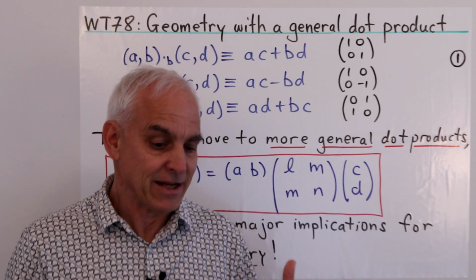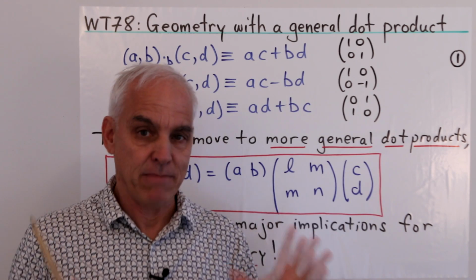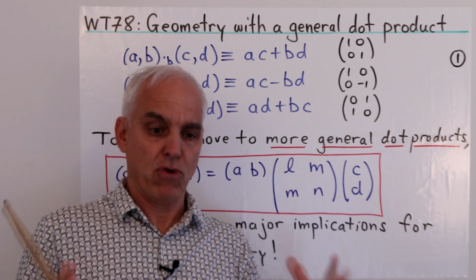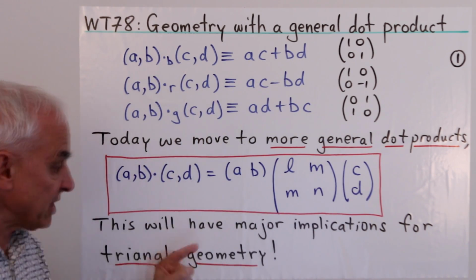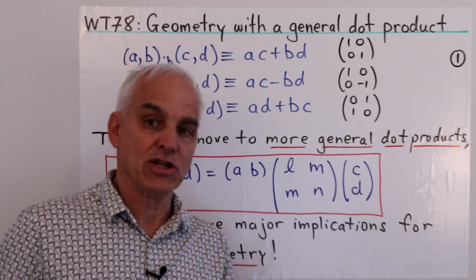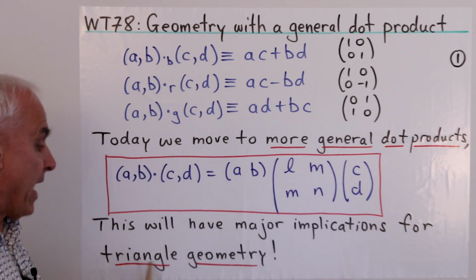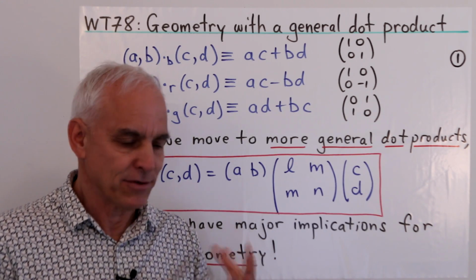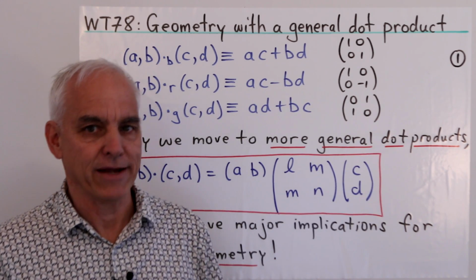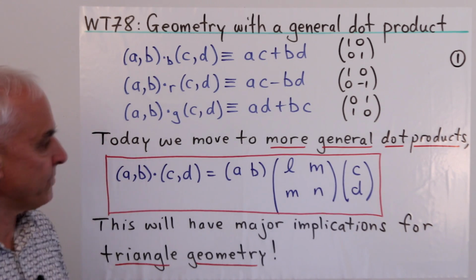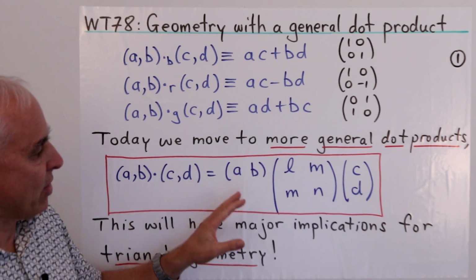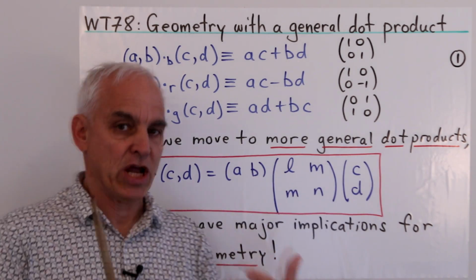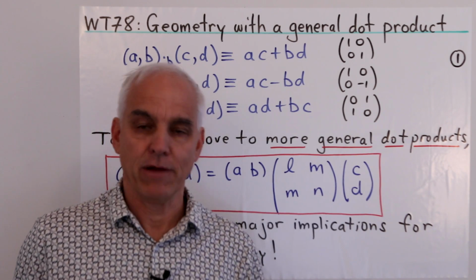But also it allows us to understand a lot of things in mathematics from a broader point of view. We're going to be especially interested in applications to classical triangle geometry. And we'll see that this point of view allows us to see a lot of things in a new light.